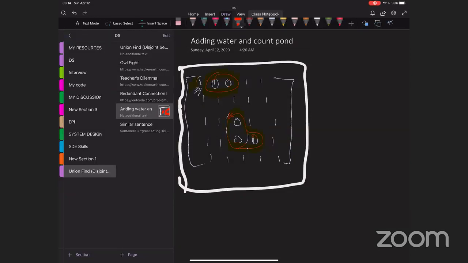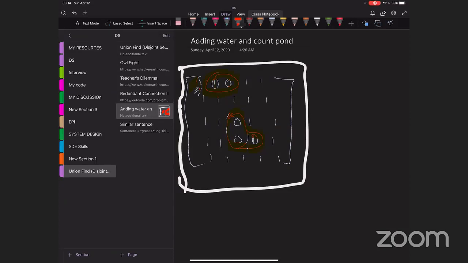Wherever we find 0, we try to do DFS or BFS, both are fine, and we explore. So in this case, we go to 1 and then we find the 0. We try exploration with BFS or DFS and keep going till I find 0 in all directions.